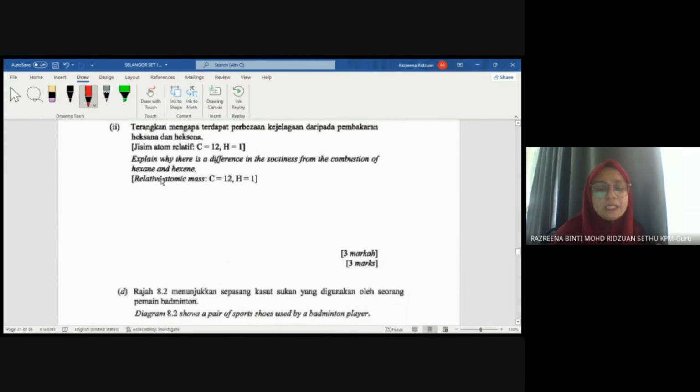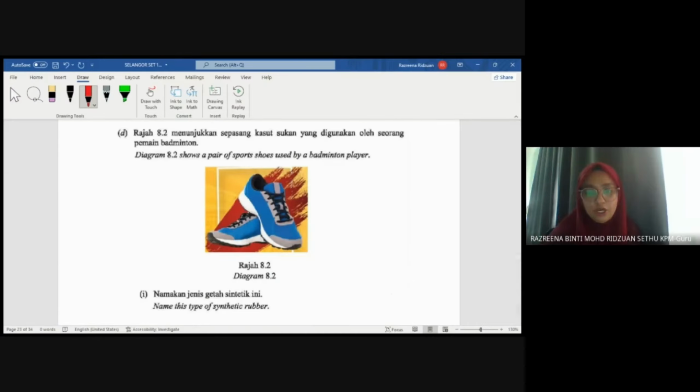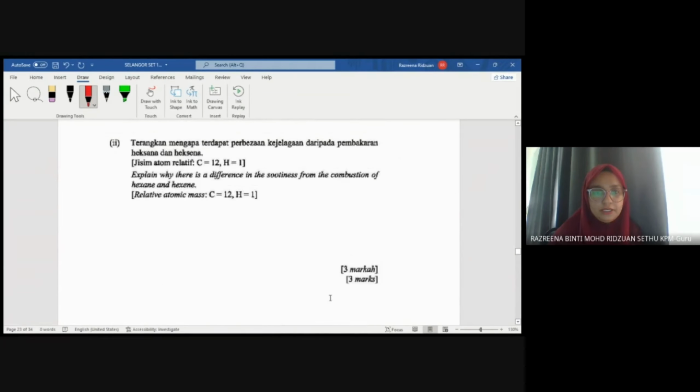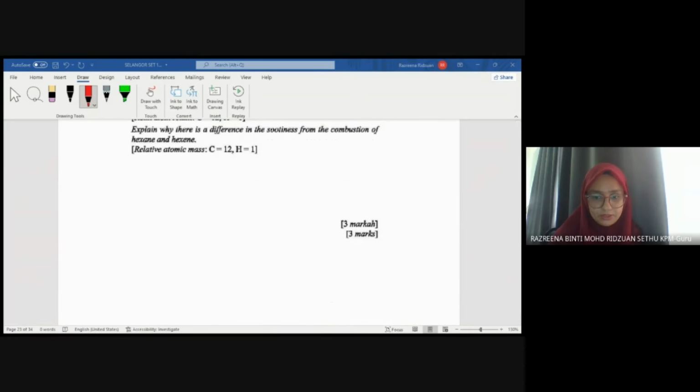Question 2. Explain why there is a difference in the sootiness from the combustion of hexane and hexene. You can calculate the percentage of carbon by mass. Let me show you how to calculate. You need to have the number of carbon atoms. For example, in hexene, you have 6.